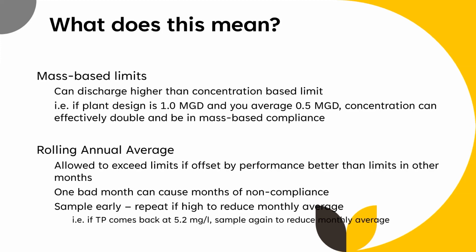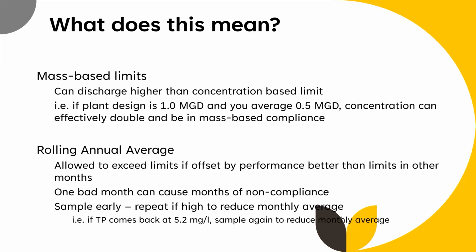What does a rolling average mean? A rolling average means that in some months, it's perfectly fine to exceed a mass-based limit as long as that is equally offset in subsequent months. This is both beneficial and can be problematic to you.